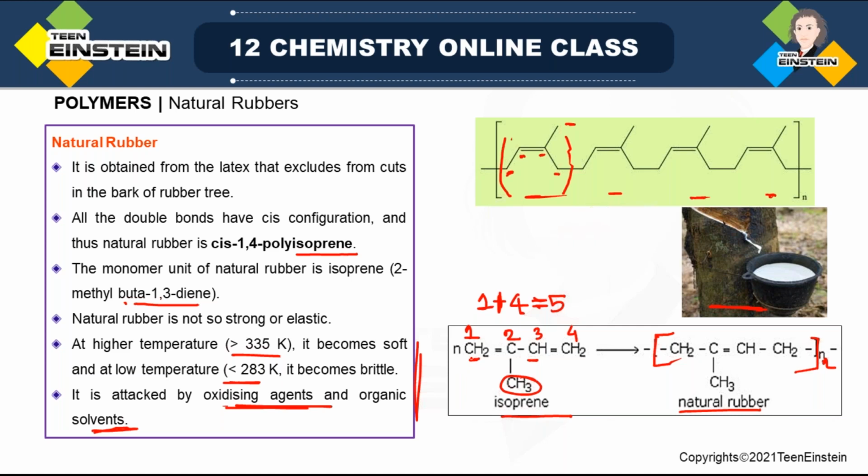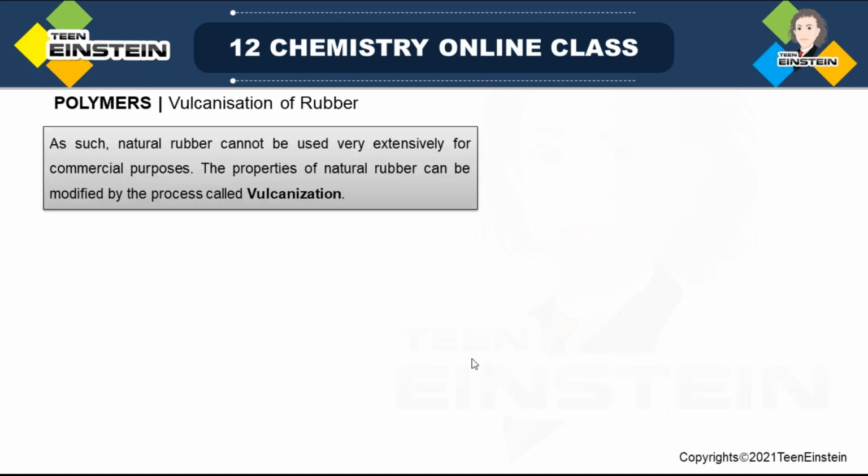Now to overcome all these problems, we can have vulcanization of rubber. What it means is, natural rubber we cannot use very extensively for commercial purposes because of the problems that are mentioned already in the previous slide. So what we can do is modify the properties of natural rubber by the process of vulcanization.